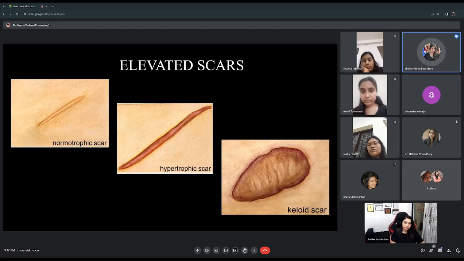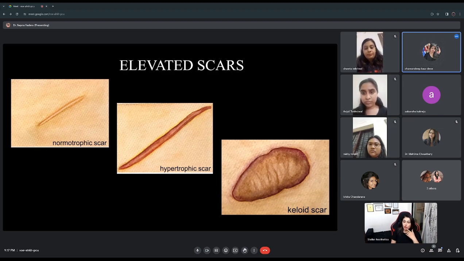In keloid scars, no one can repair it. If we try to repair with suturing, it will extend more. While with hypertrophic scars, if we try to repair or do the primary closure, with time the scar goes away. While the keloid never goes.